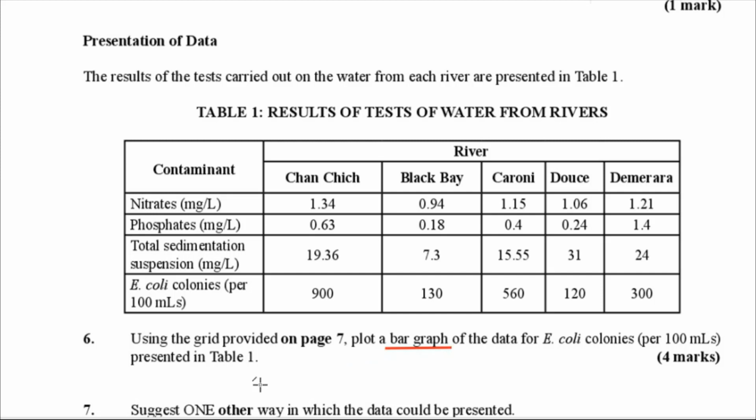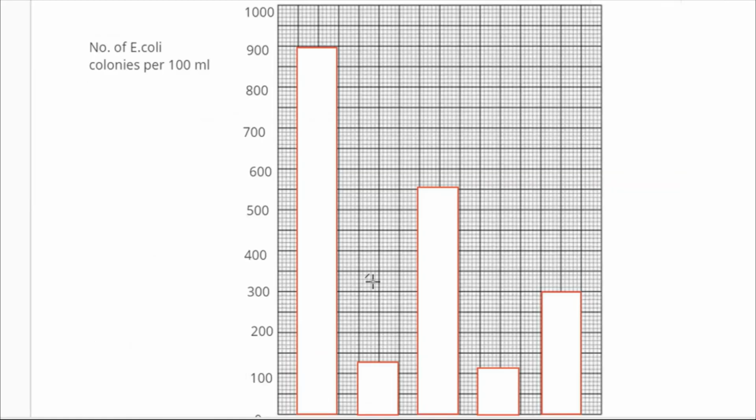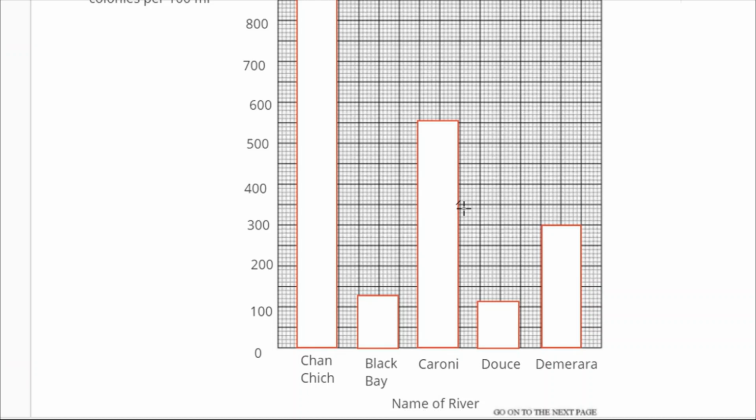So this is how our graph should appear. So here we have on the y-axis the number of E. coli colonies per 100 milliliters. And then on the x-axis we have the name of the river. So we have the Shanshich, the Back Bay, Caroni, Deuce, and the Demerara.